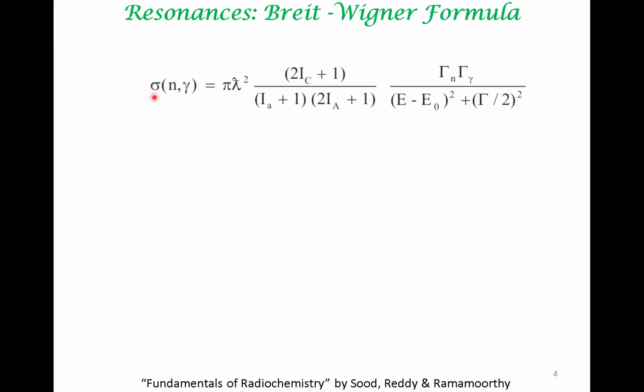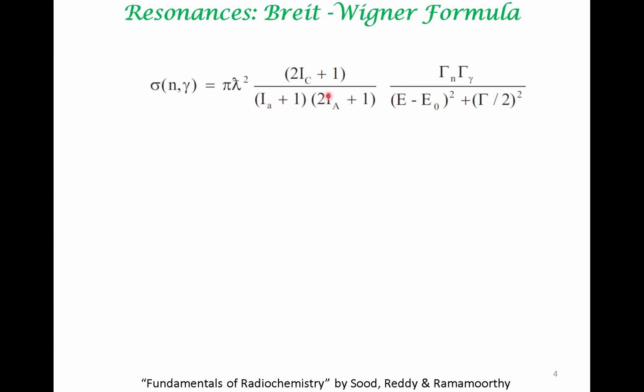This indicates the cross section for neutron projectile and gamma emission. This is the de Broglie wavelength. This is the nuclear spin of the product. Gamma photon is the other product. So this is the nuclear spin of the reactant projectile.